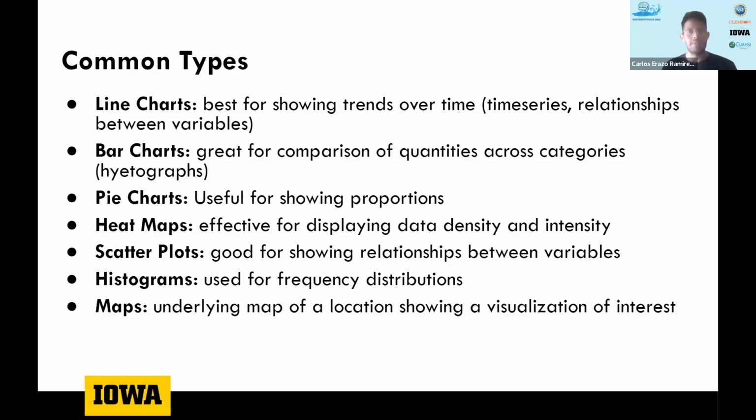Heat maps are interesting for displaying density and intensity, not only regarding data. I've seen a lot of heat maps used when you're training a model, when you're training something data-intensive, to show where the training is going towards in the 2D landscape.